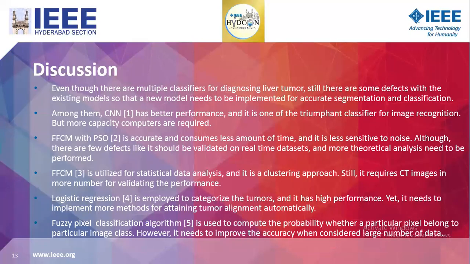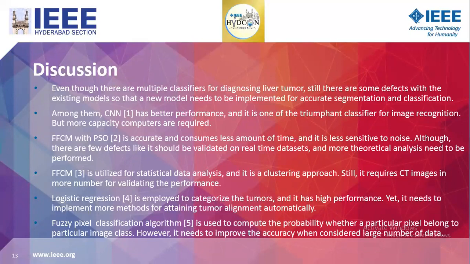Even though there are multiple classifiers for diagnosing liver tumor, there are still some defects with the existing models, so new models need to be implemented for accurate segmentation and classification. Among the methods we have discussed in the literature, CNN has better performance, but it requires higher capacity computers to perform tumor segmentation.